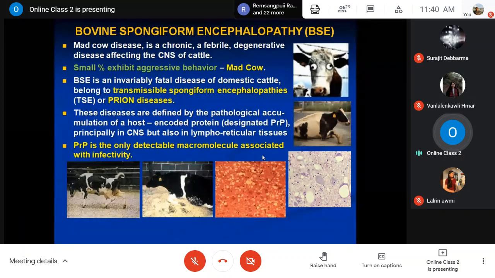Then next is another disease, which is of course in the syllabus of your disease course also. It is another important one so far as the examination is concerned, and that is bovine spongiform encephalopathy, in short BSE. It is one of a group of diseases caused by prions, proteinaceous infectious particles, not a virus or bacteria or anything else.